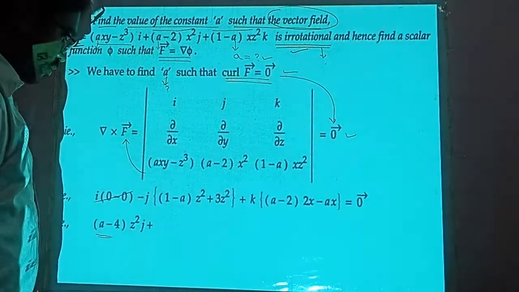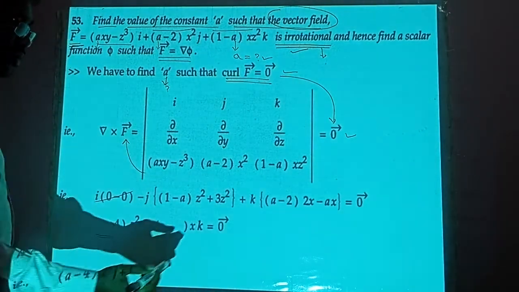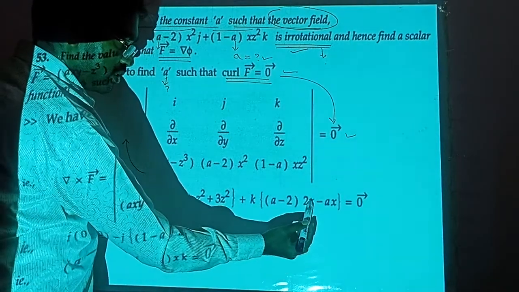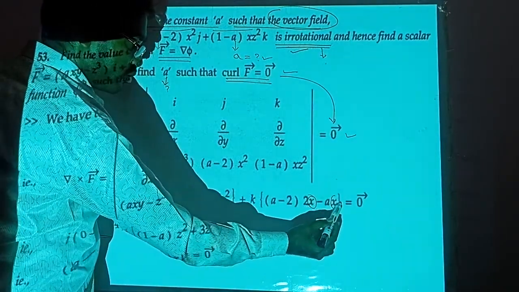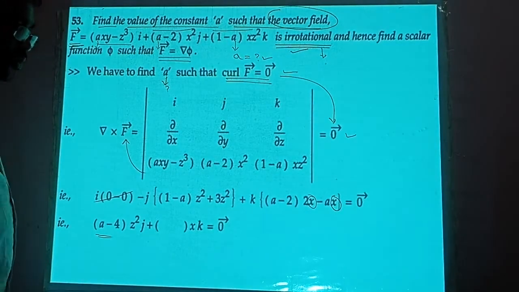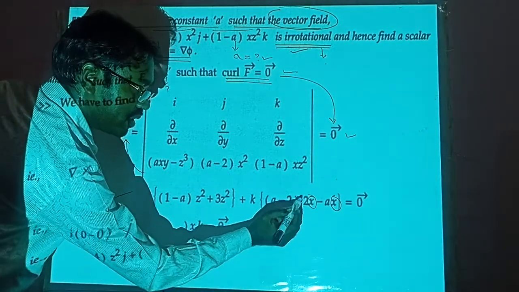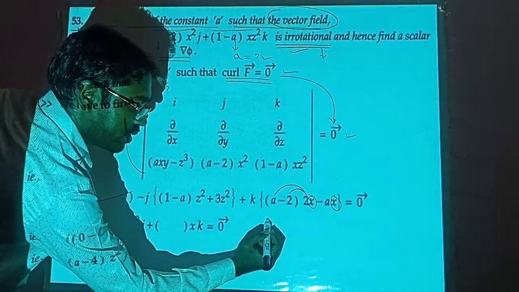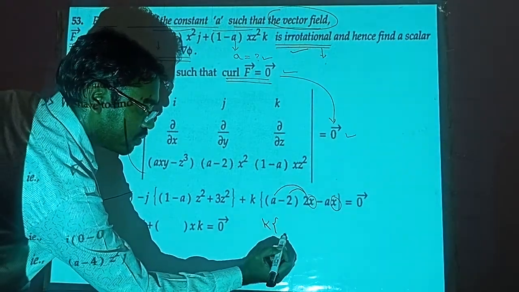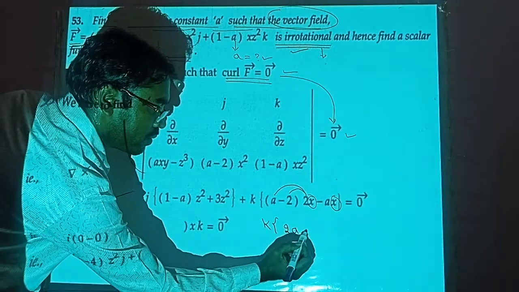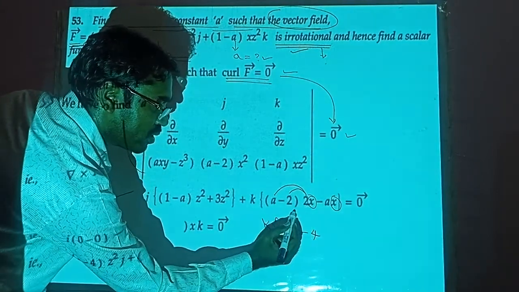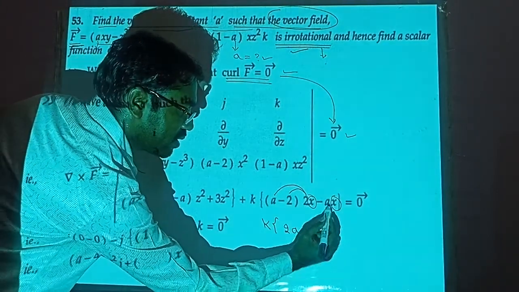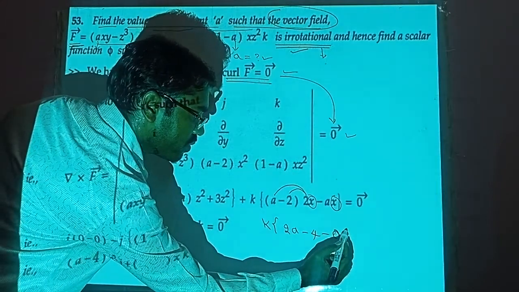Now here let us simplify that. What have been taken constant? X is constant. Let us take x outside. If you take x outside, let us see what remains. I multiply this 2 inside here and here. So what you get? K into 2a minus 4, 2 into 4 minus a.